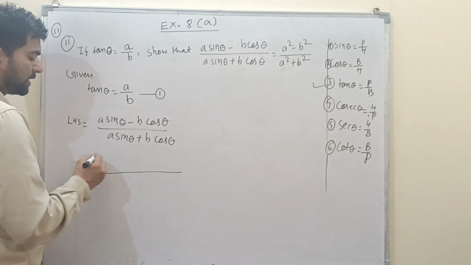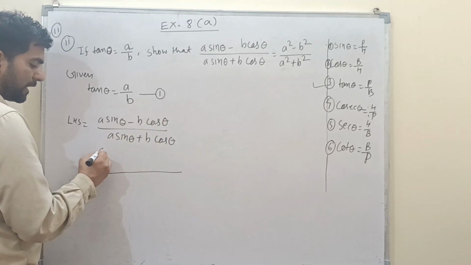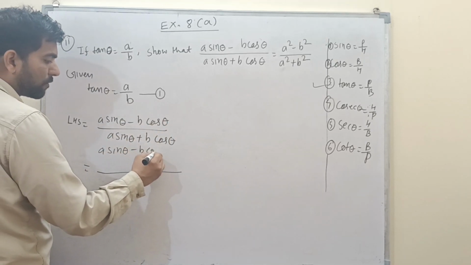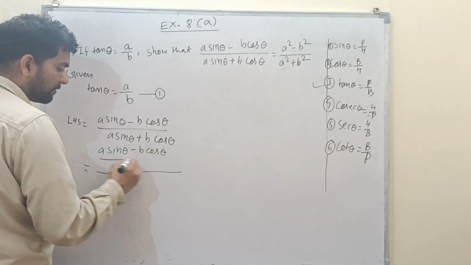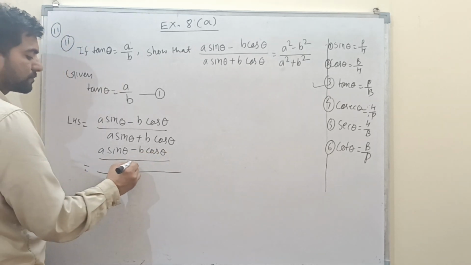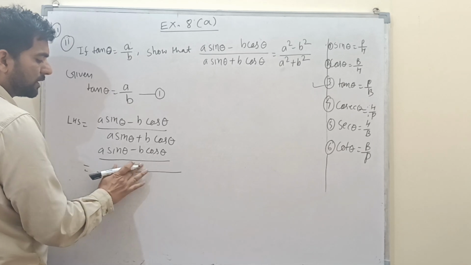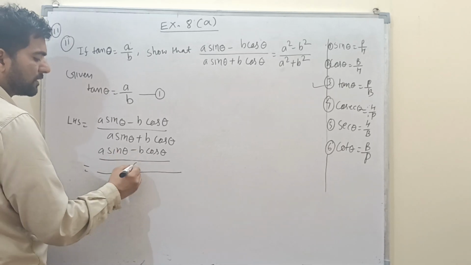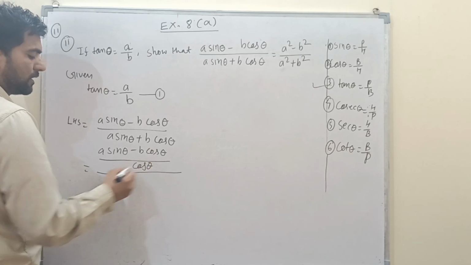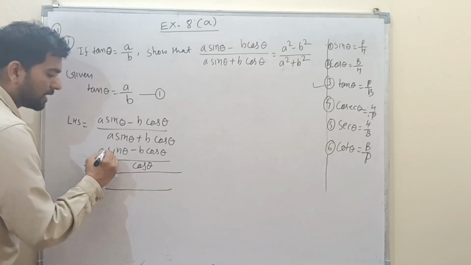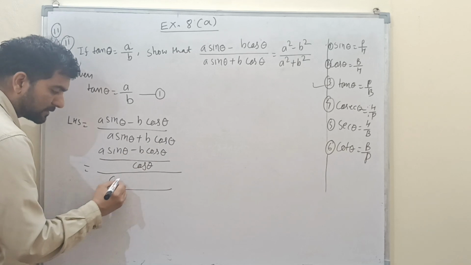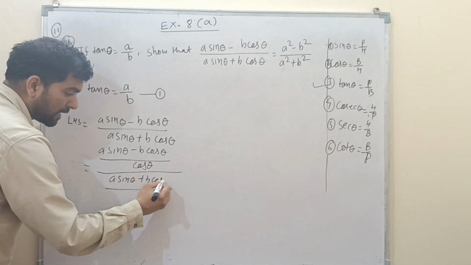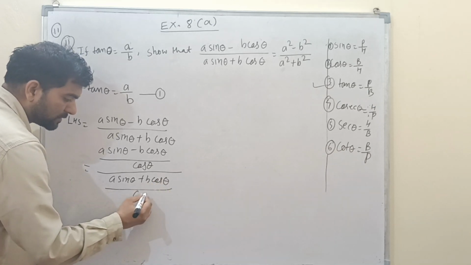By sine theta, yes, or cos theta. So let us divide it with cos theta. Same thing here, I write the denominator first, a sine theta plus b cos theta, and divide it with cos theta.